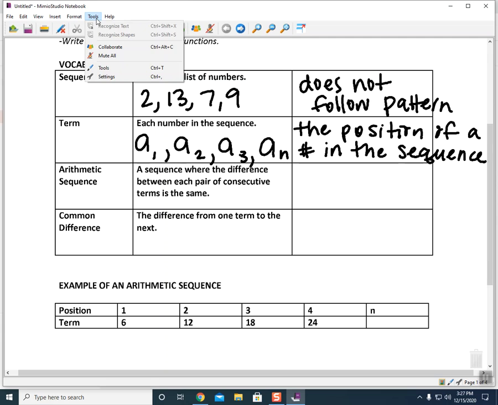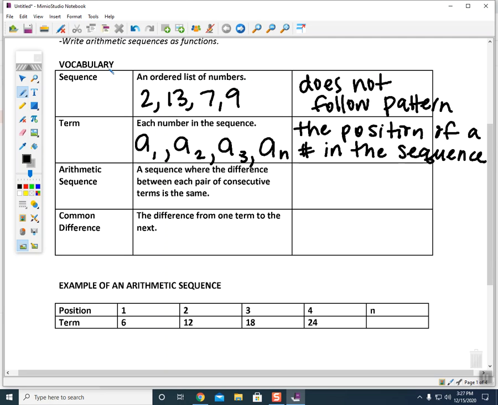So if I have a sub 1, this is the first number in my sequence. A sub 3, this is the third number in my sequence. So when I'm talking about a sub n, it's an unknown number in my sequence. So it's just any number in my sequence is going to be a sub n. I can plug anything in there for it.